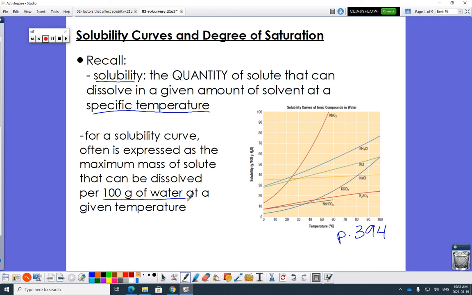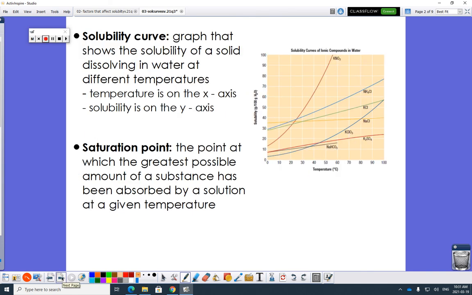Temperature will always be on the x. And what the solubility curve is representing is the maximum amount in mass of solute that can be dissolved. So the curve represents the saturation point, which is the greatest amount of a substance that can be dissolved. But again, it's temperature specific.